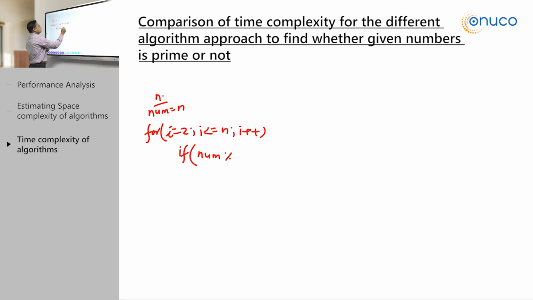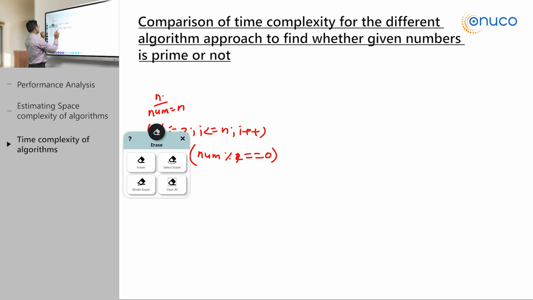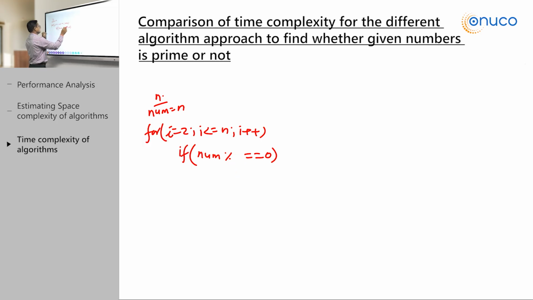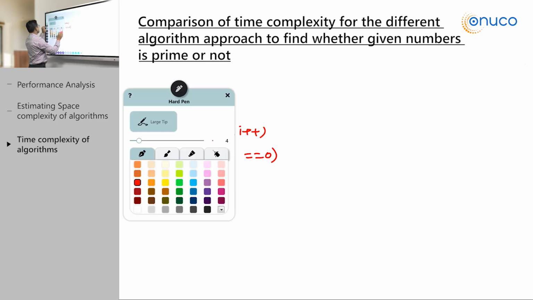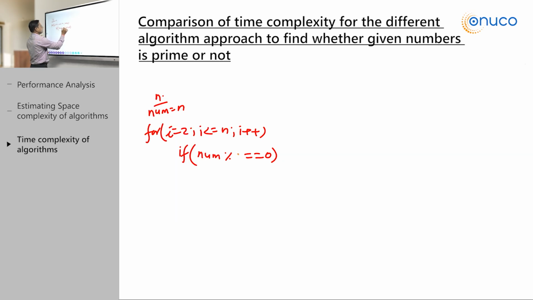You write one for loop with an if condition: if num mod i is equal to 0, in that case it is not a prime, so we set flag to 0.